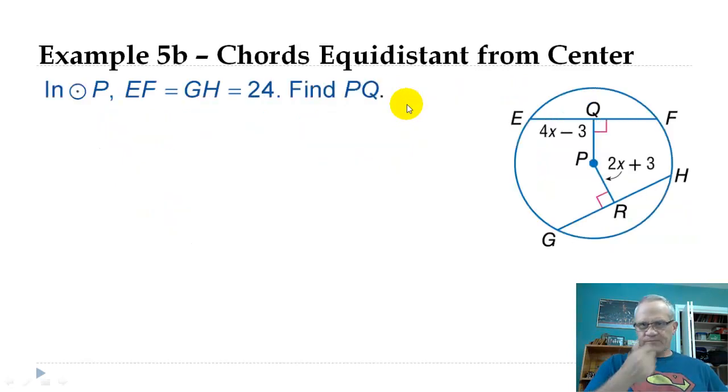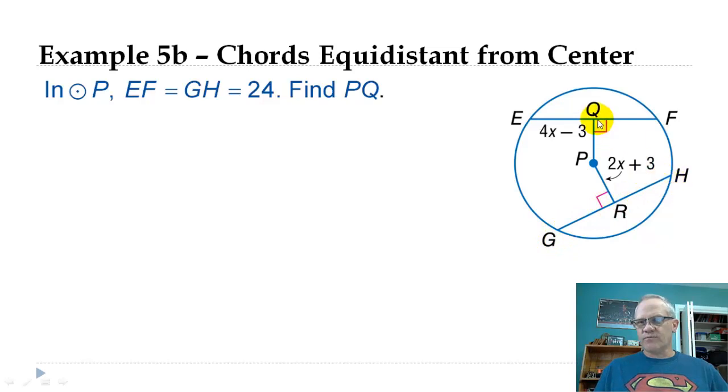All right, last one. Now in this situation, what we're given is the length of these two line segments here. We're told that they're 90 degrees and they go straight to the center, but we don't know for sure if these are equal to each other or not, do we? But look at what they've told us. They said that chord EF and GH are congruent.